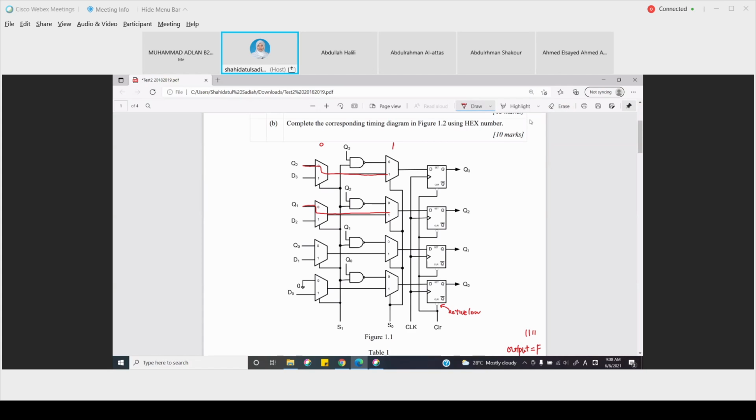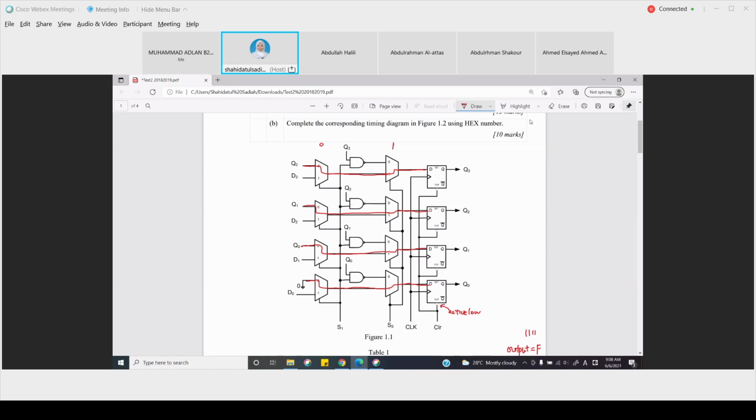For 0, 1, this input will be chosen, going into the D flip-flops. Hope you see the pattern here.